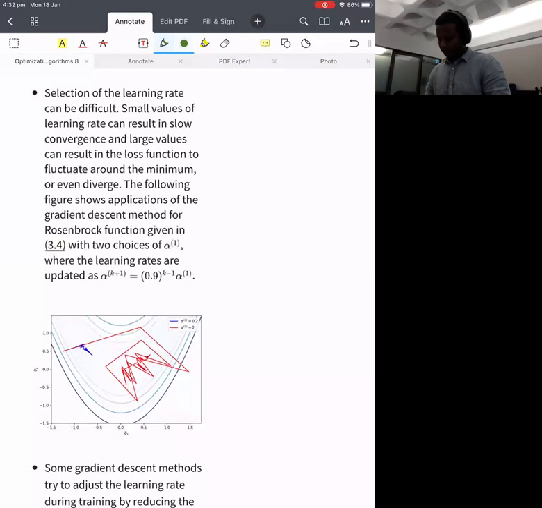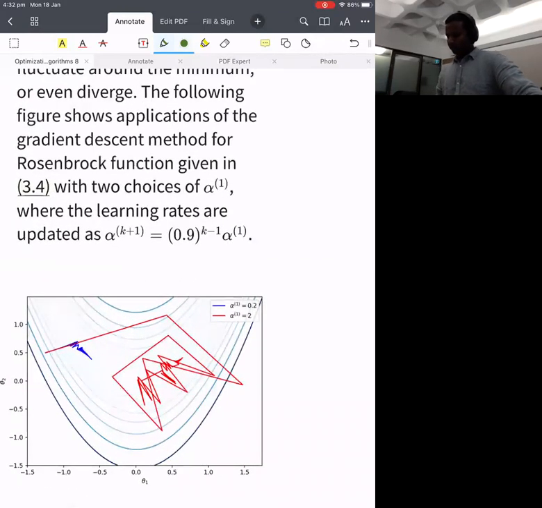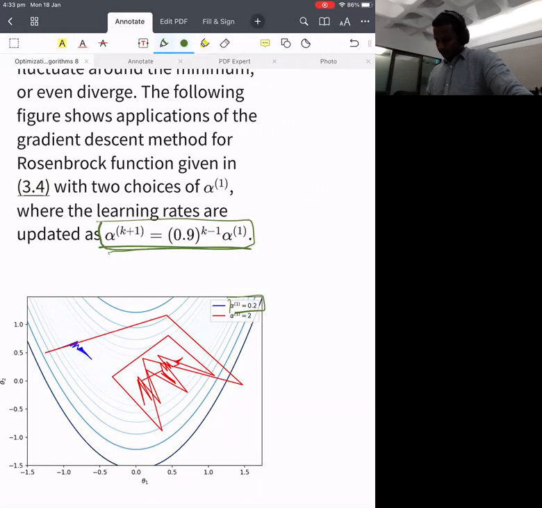Similarly, we can see in the two-dimensional case, here I ran gradient descent, the naive gradient descent, with two values. One is alpha 1 being 0.2, and at each step I'm decreasing it like this. You see that the global minimum is somewhere here, and it terminated very quickly.